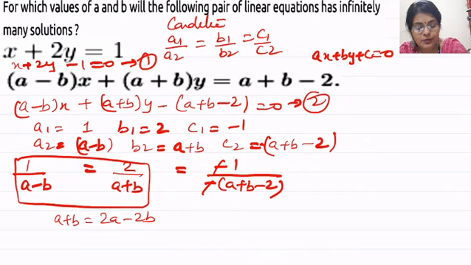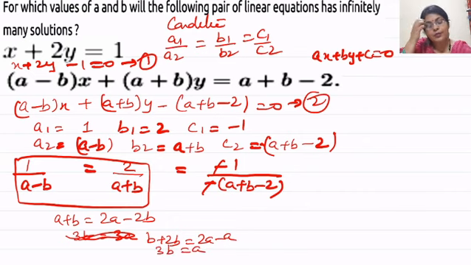So it becomes b plus 2b is equal to 2a minus a. So 3b is equal to a. We have got the value, 3b is equal to a.